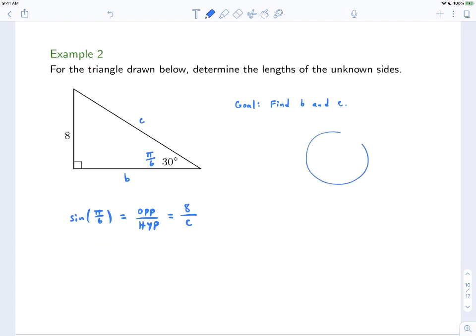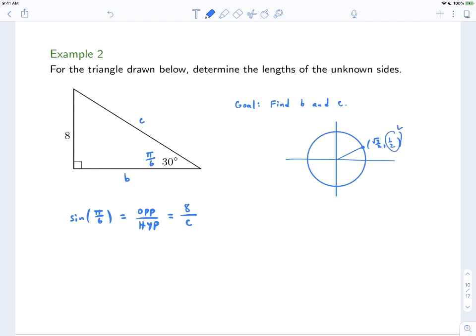If you can't remember, it might help to draw a quick little unit circle here. So pi over 6 is roughly that angle. It's the one where the x value is larger than the y value. So the x value is square root of 3 over 2, and the y value is 1/2.